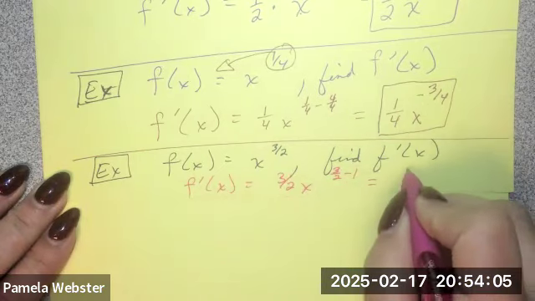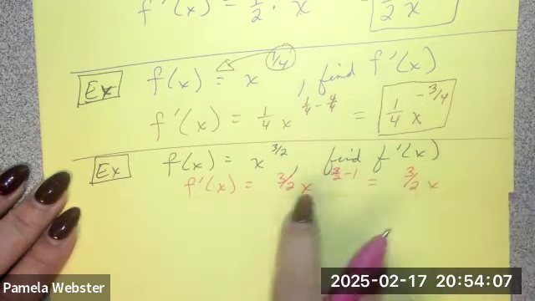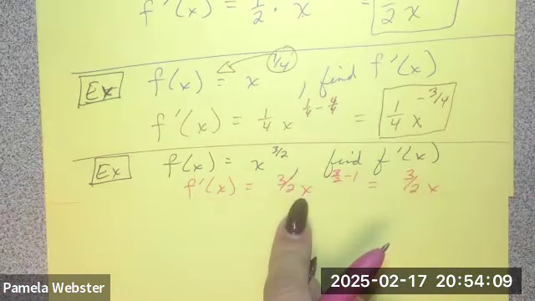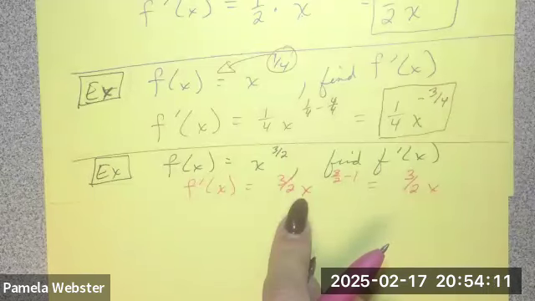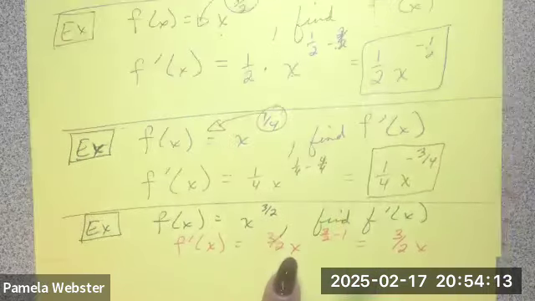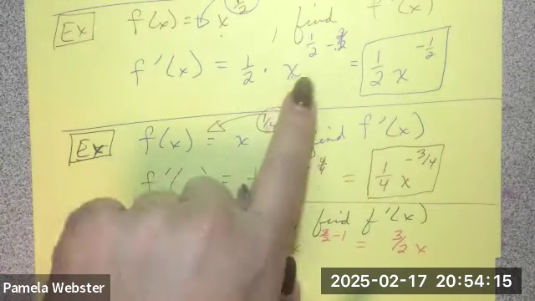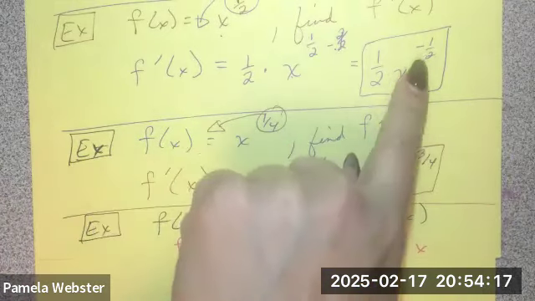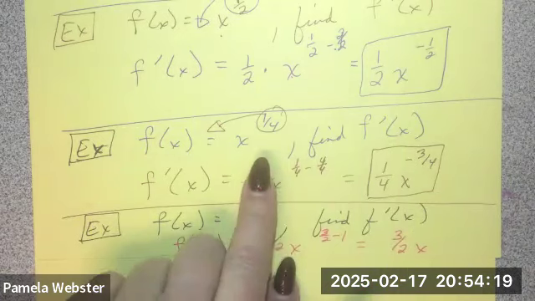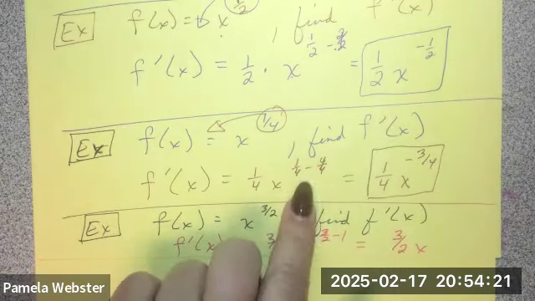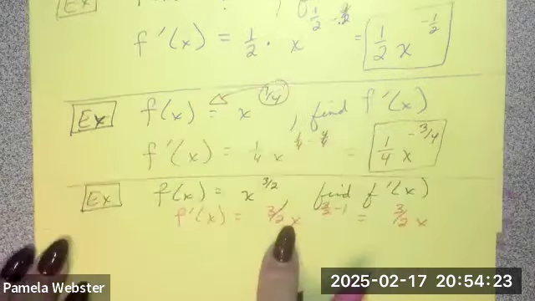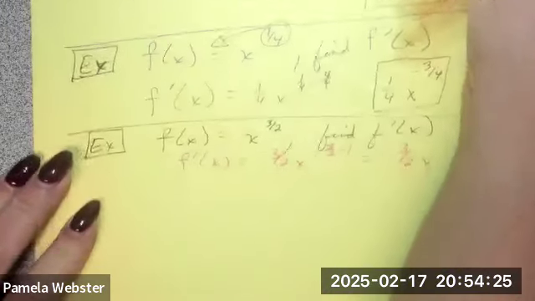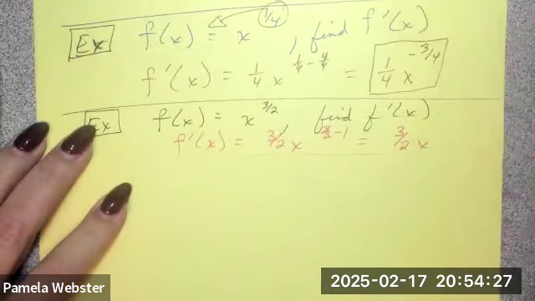Be careful with this because 3 halves is a fraction, but it's a fraction bigger than 1. So the other ones where I had a fraction less than 1, when I subtracted 1, I got a negative number, right? 1/4 was less than 1. When I subtracted 1, I get a negative number. 3 halves is actually 1 1/2, right?